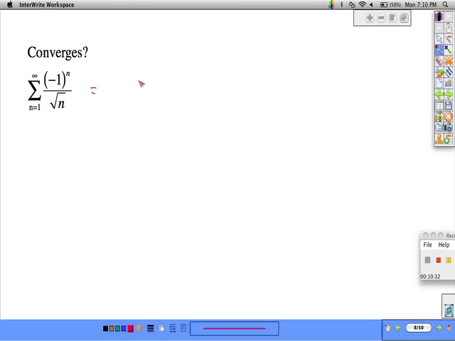So the terms for this are negative 1 over square root of 1 plus 1 over square root 2 minus 1 over square root of 3 plus so on and so on.